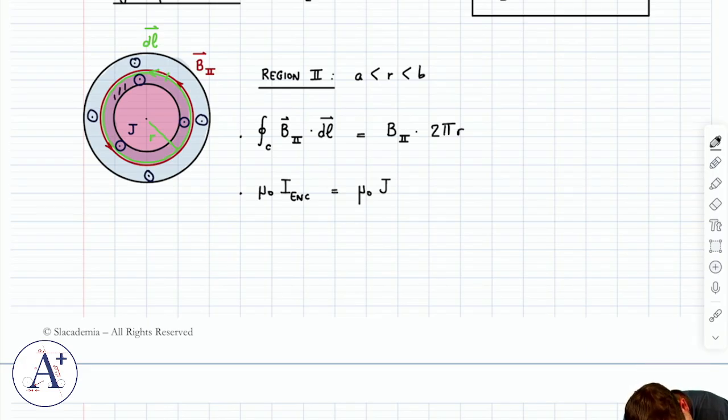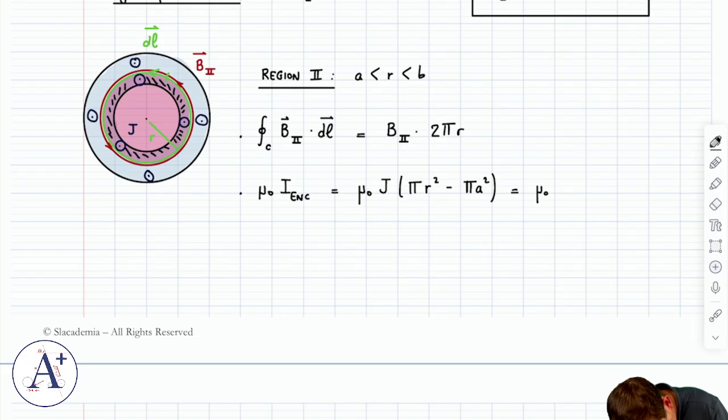This is the area we want. We just want the area of this little ring there. Now, that's going to be pi little r squared minus pi a squared. So this is going to be mu naught pi J times r squared minus a squared.